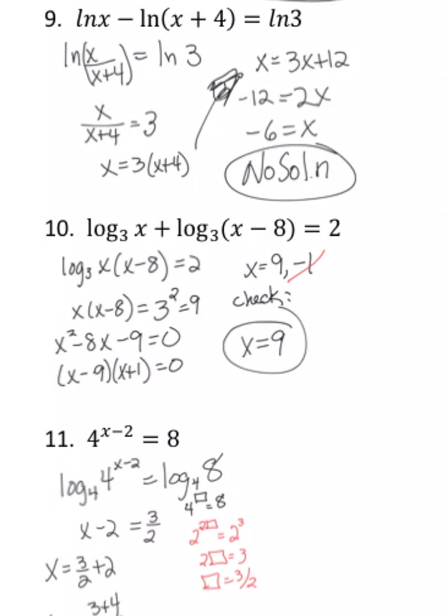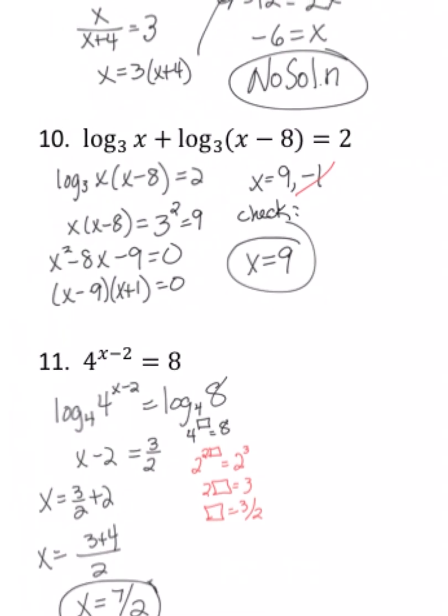Number 10, log base 3 on the left with just a whole number on the right. So I'm going to condense the left-hand side of this equation, and now I have just a basic logarithmic equation here. 3 is the base, 2 is the power, that gives me a 9 equals the x times the x minus 8.